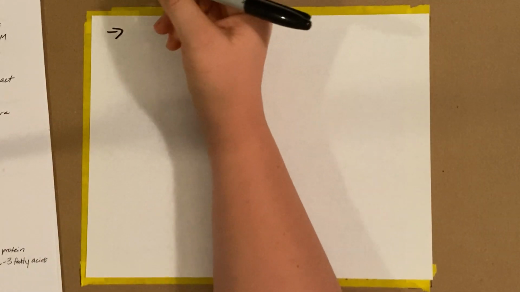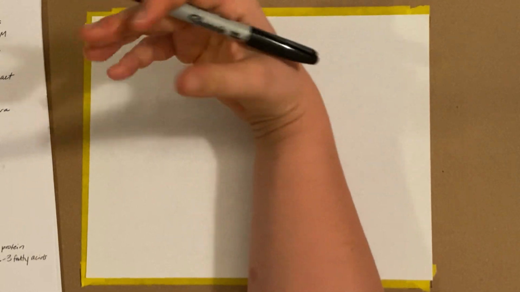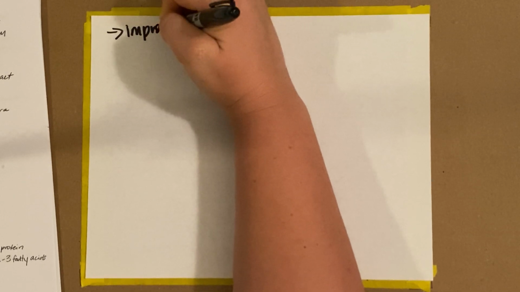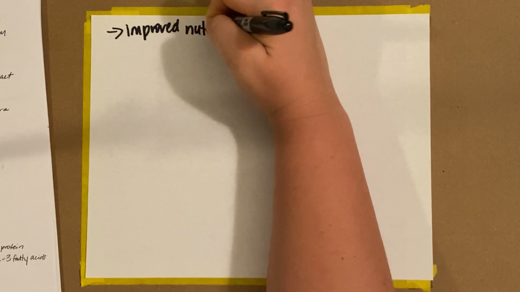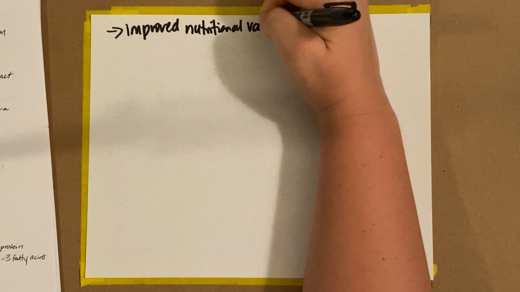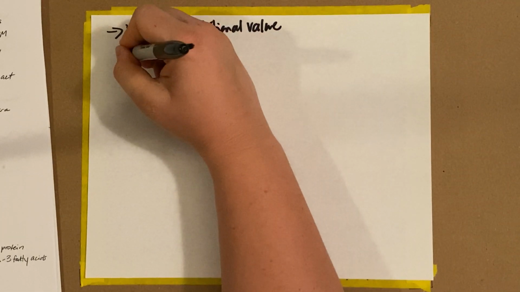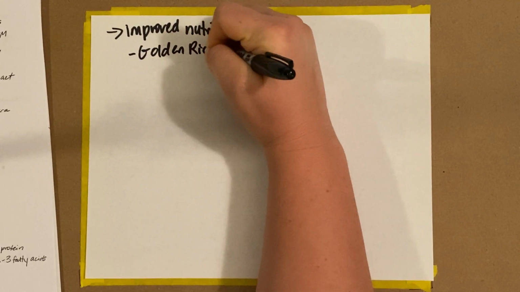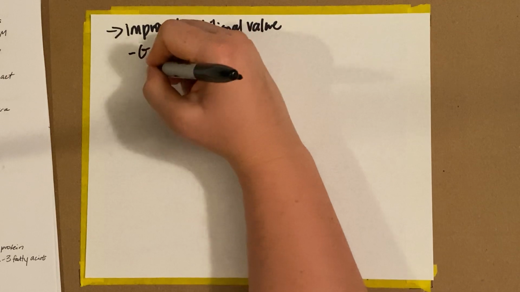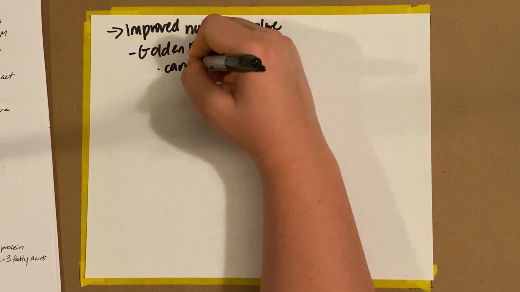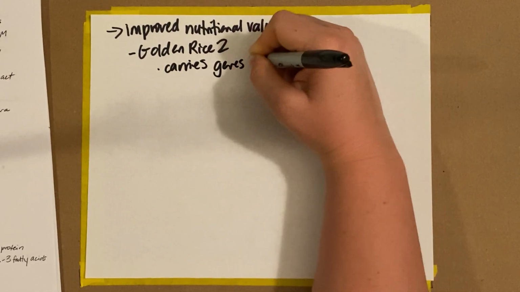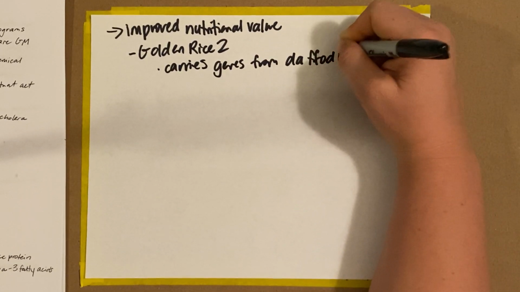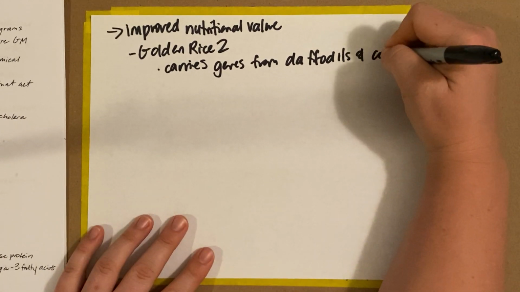There have been other times where people have inserted genes into other food crops that have improved nutritional value. Okay, two examples of this: one of them is called golden rice. It's actually called golden rice 2. It carries genes from daffodils, the flower, and corn.